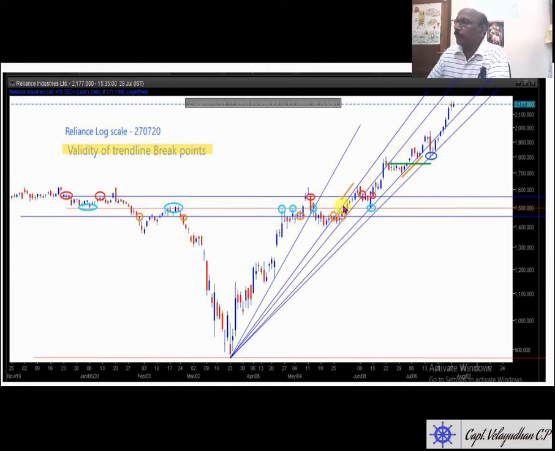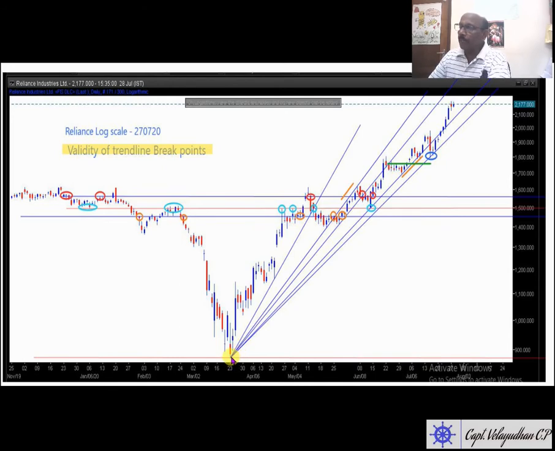Here you can see that price was taking resistance here, resistance here, resistance here. So this line is acting as resistance after the trend line break. The trend line is broken, so the trend line support is gone. Up to here it was a support, then it acted as a resistance.